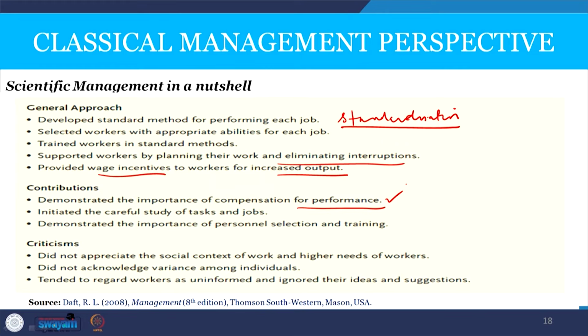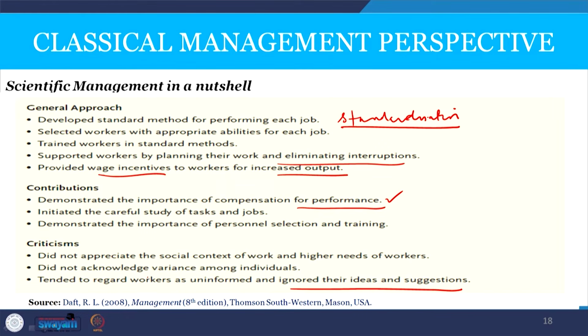Criticism of scientific management: they did not appreciate the social context of work and higher needs of workers, did not acknowledge variance among individuals, tended to regard workers as uninformed and ignored their ideas and suggestions. So workers were just merely considered as tools, and their ideas and suggestions were not taken by the top management.